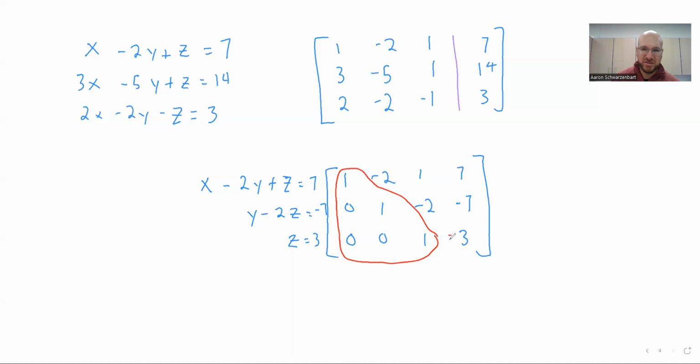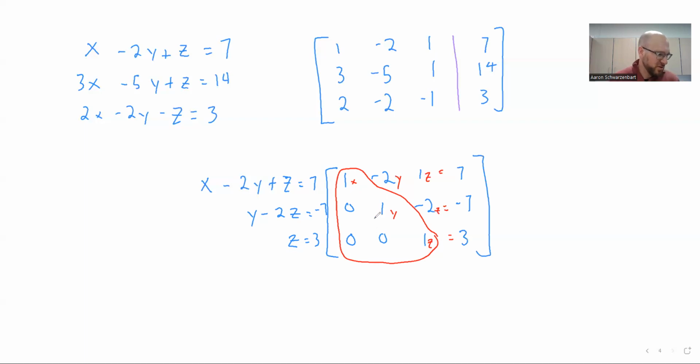I could essentially replace that bar with equal signs. This is 1x. We don't write the x, y, z in here, but that's what we've got going on. So now I've got z equals 3, and I can use substitution working backwards. Row echelon form has 1s down this diagonal and 0s in the lower left corner.